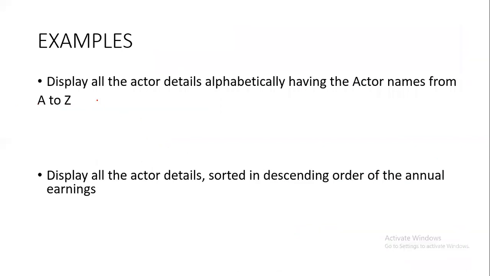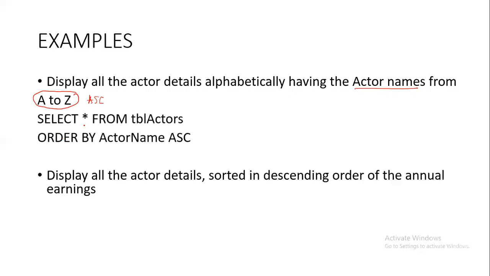In the next example, display all the actor details alphabetically, having the actor names from A to Z. So they're not explicitly telling us ascending or descending, but the fact that they want it from A to Z immediately tells us that we want the information in ascending order, and it is based on the actor names.